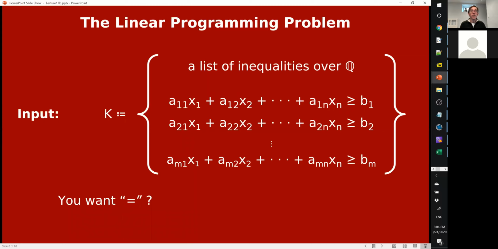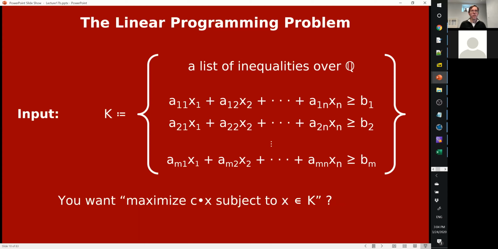If you want equalities, or a mix of inequalities and equalities, that's no problem as well. You can just put in two inequalities in both directions, less than or equal to and greater than or equal to. If you want strict inequality, well, can't have it. Sorry about that, but that's one thing that's not allowed. We always want to just have greater than or equal to in these linear programming problems.